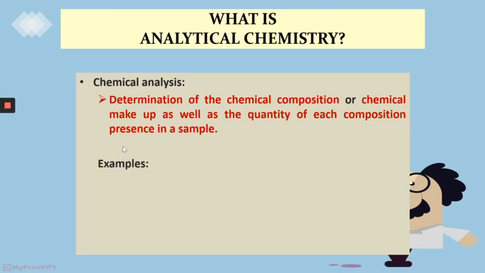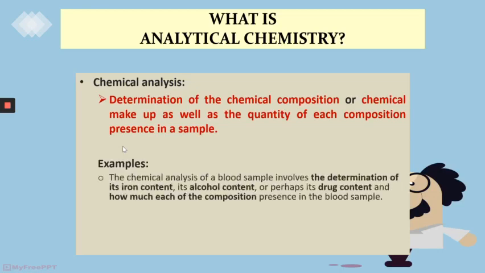Example, if you are given blood samples, the chemical analysis of the sample involves the determination of its iron content, its alcohol content, or perhaps its drug content and how much each of the composition is present in the sample.